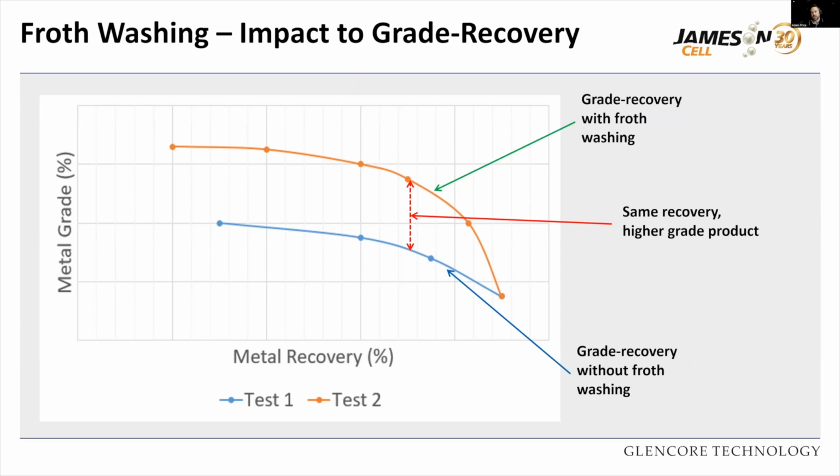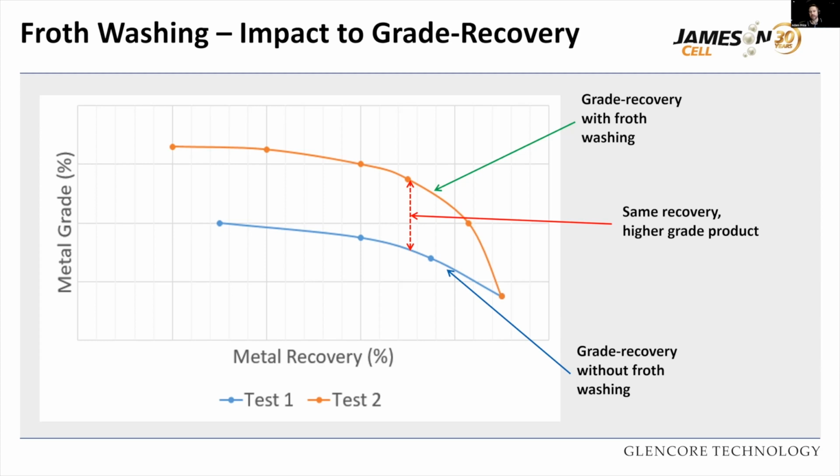And this is an example of what can happen in terms of the grade recovery curve with the impact of having wash water compared to not, particularly when you're talking about feeds with really fine material. This is an example of a Jameson Cell performance, showing the Oris and what would possibly be a conventional mechanical cell.